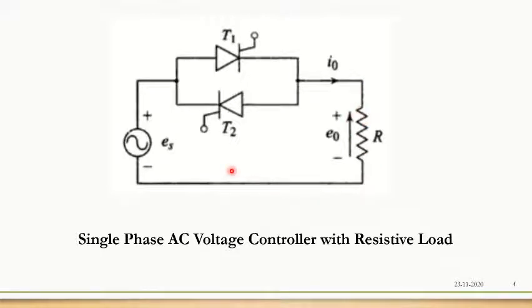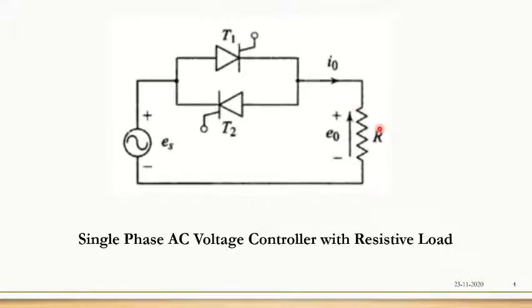In the negative half cycle, the polarity from the source terminal is positive at this end and negative at the other, which means that thyristor T2 will be forward biased. When you give the gate signal to T2, T2 will conduct, and again the source will appear at the load.